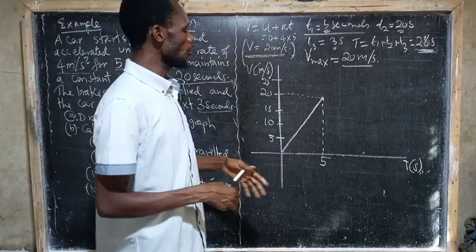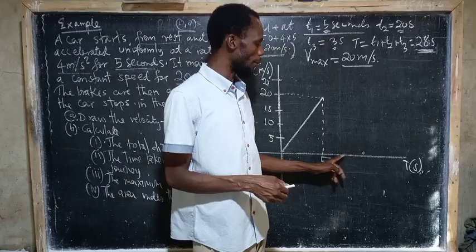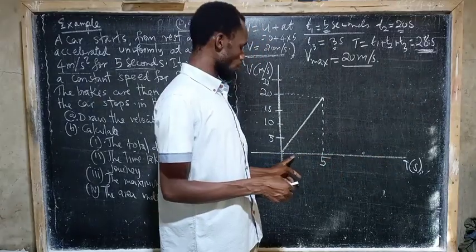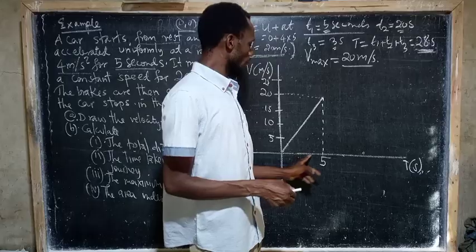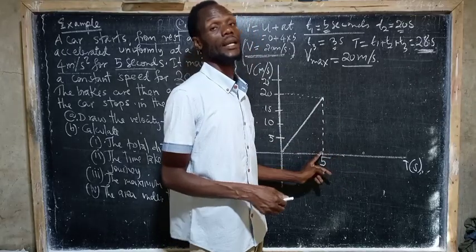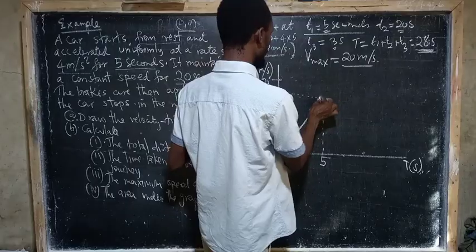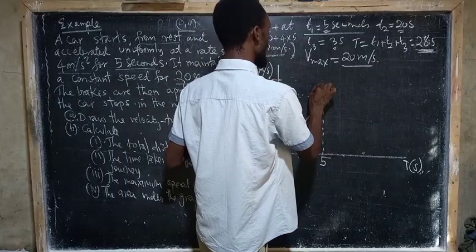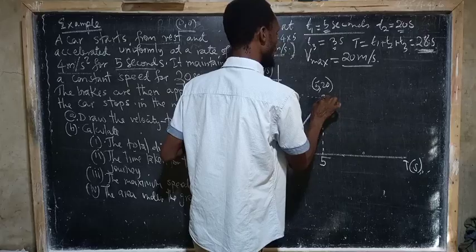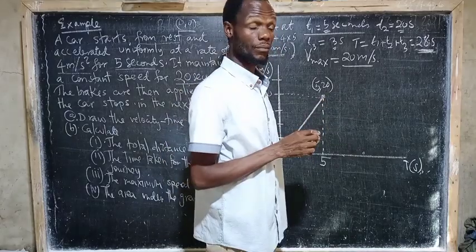Kwa maana hiyo kama umepewa graph yako na umeweka scale, labda utakuwa umeandika hapa 2, 4, 6, utatafuta penye 5 ili uweze kuweka hii. Maana yake hapa itakuwa ni 5,20 kwenye hii point.